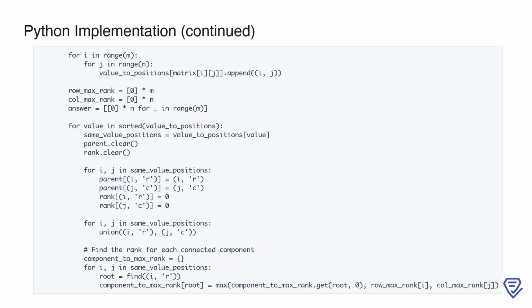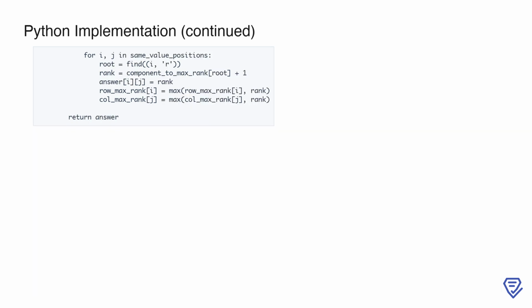Afterward, we calculate the maximum rank for each connected component by iterating through the positions again and finding the root of each component. The rank is computed based on the maximum rank of the rows and columns within the component. Finally, we assign ranks to each position in the matrix based on the connected components. For each position, i, j, we determine its component's root and calculate the rank as one greater than the maximum rank of its component.